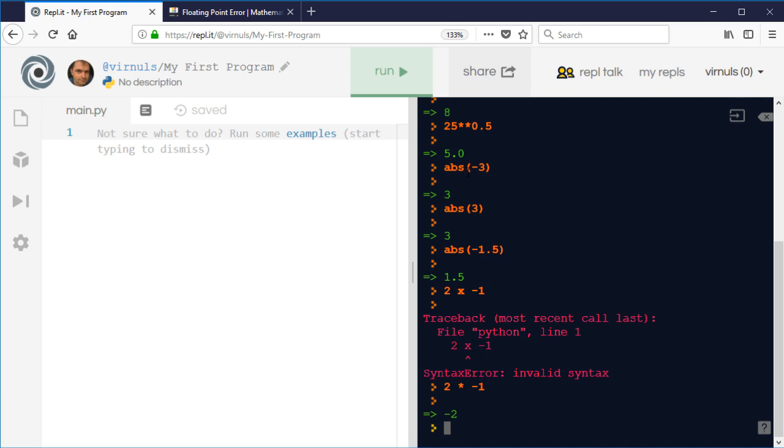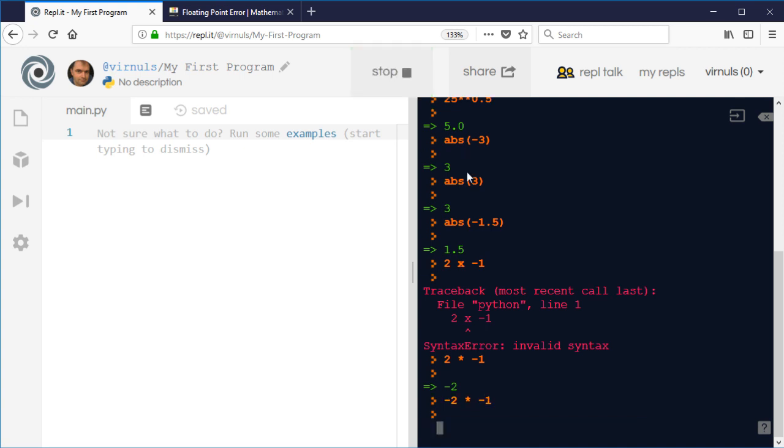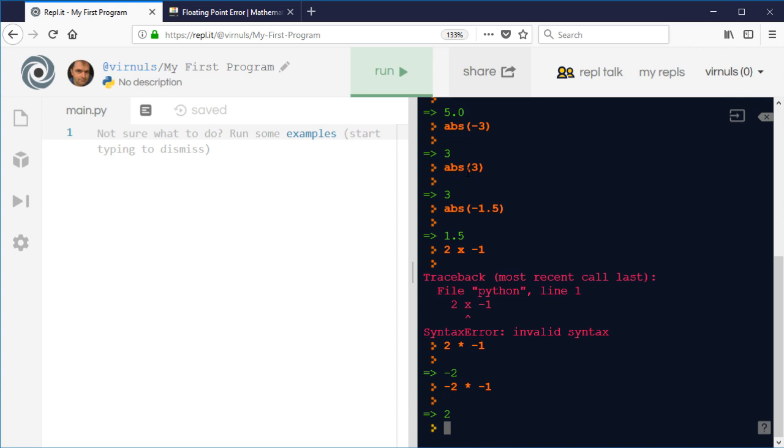So minus 2 times minus 1 brings it back to plus 2. So multiplying by minus 1 is a good way of flipping the sign, and that can mean flipping the direction, for example, within a program without having to know whether it's positive or negative to begin with.